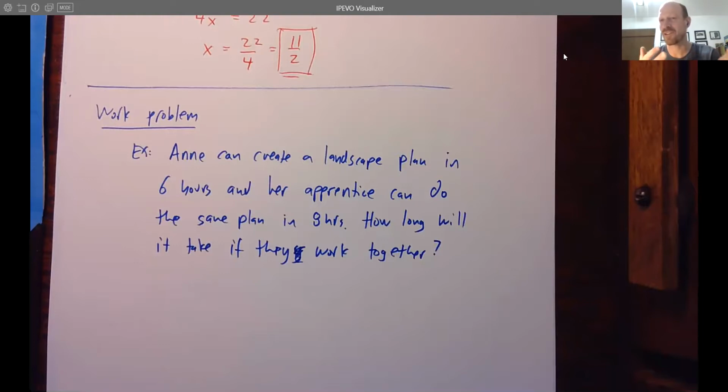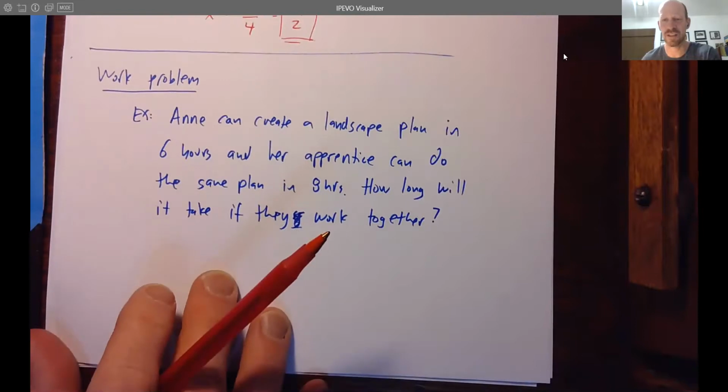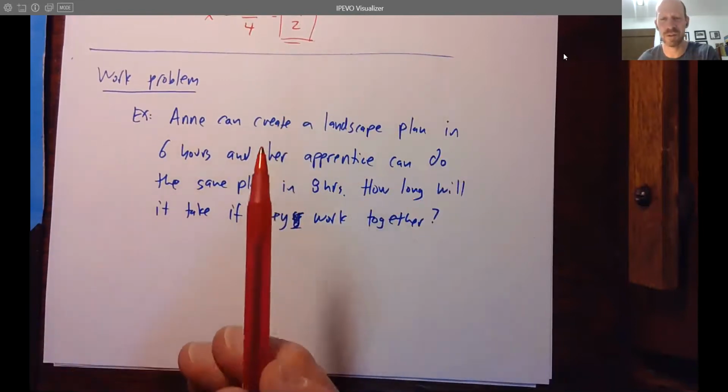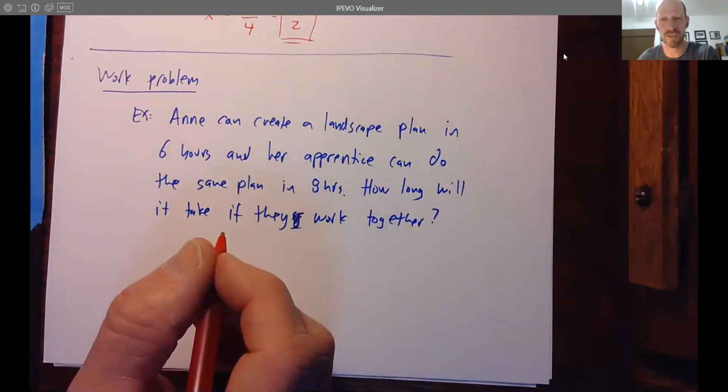So Anne is actually going to get more of the plan done than her apprentice, because she works a little faster. And it's not really clear how much more she's going to get done, or how we could set up an equation for that. And that's what makes this problem a little bit sneaky, right? It sounds kind of simple, but the answer is not obvious.